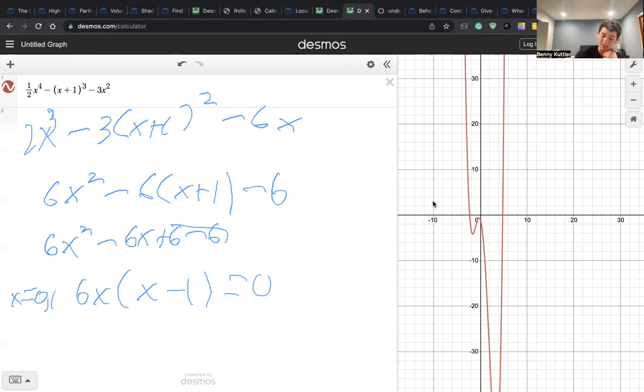So if we plug in something less than 0, let's say -1, then we have -6 times -2, which is a positive number. It's 12. We don't care that it's 12. We just care that it's positive. And it doesn't change direction at any point before that.